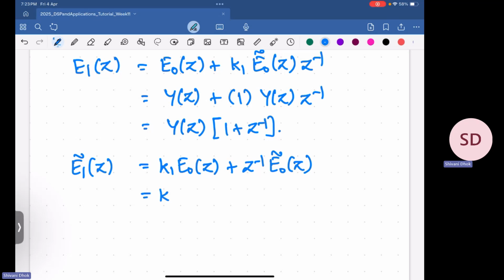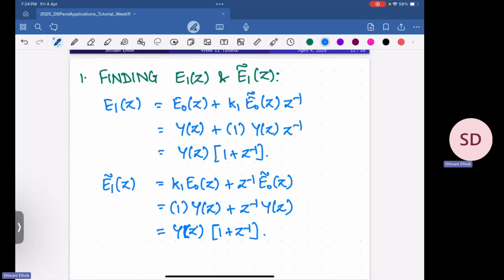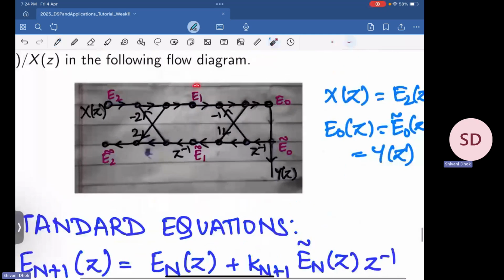So this is K1 and K1 is 1, so this is 1 into y of z plus z inverse into y of z. Again, I can take out this y of z outside. This becomes 1 plus z inverse. Okay. Now I have E1 of z and E1 tilde of z. So I have reached this part of my lattice.